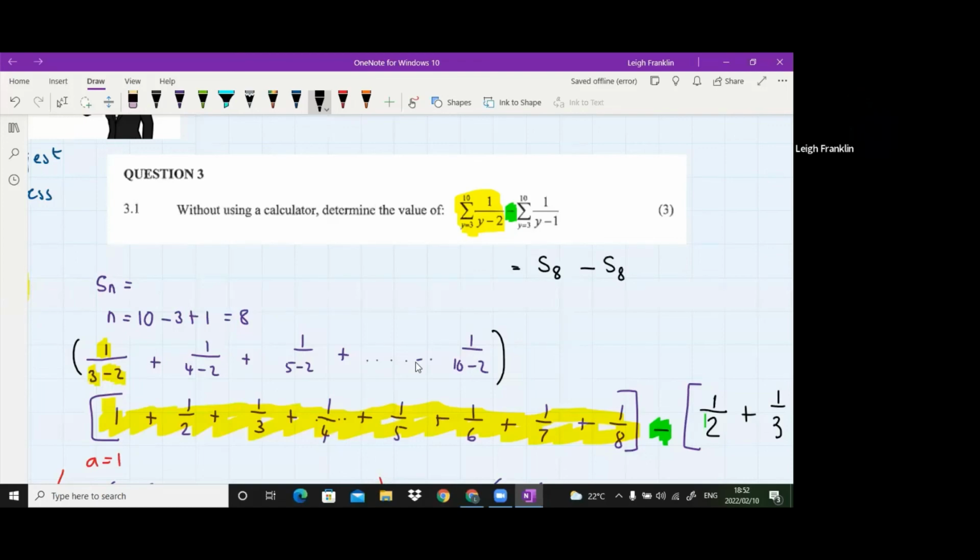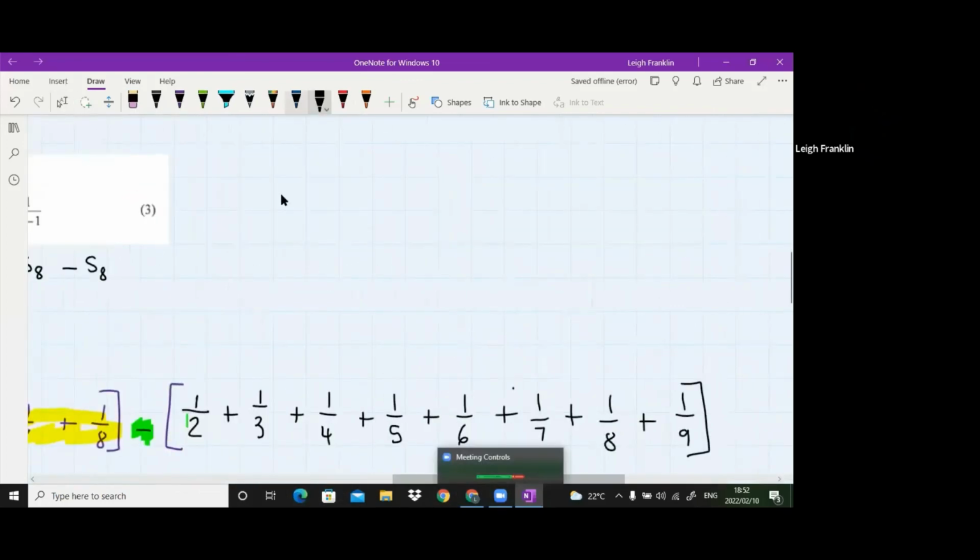Sometimes we could have a geometric SN minus an arithmetic SN, or I could have a sum to infinity, which we haven't spoken about, minus an SN. They could ask us a question like that as well. So we were having to combine sums together as a difference.